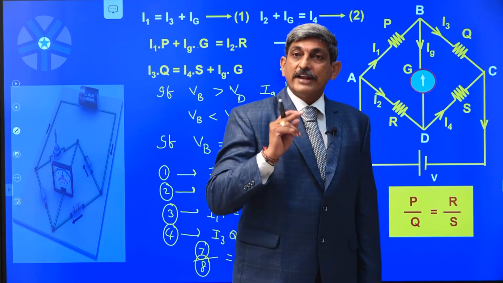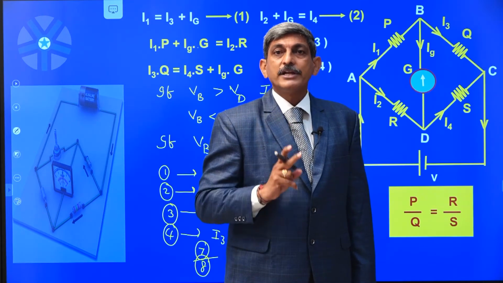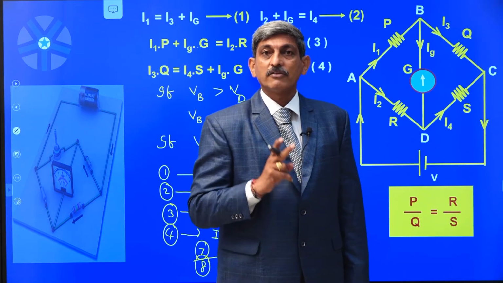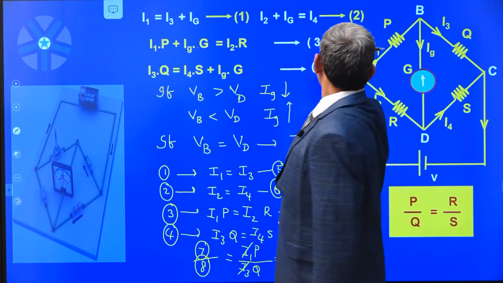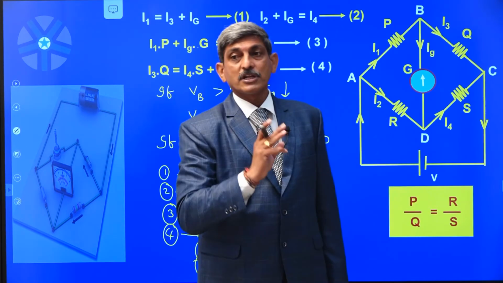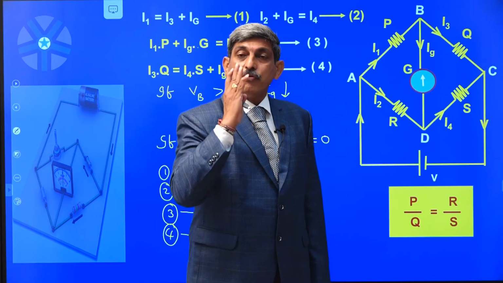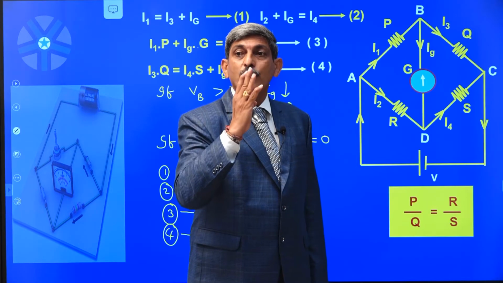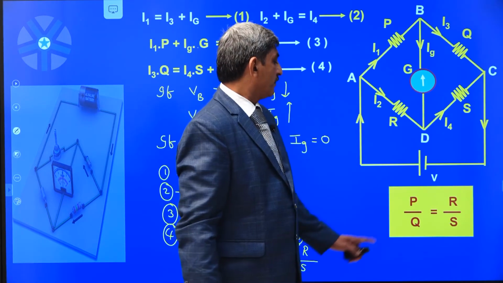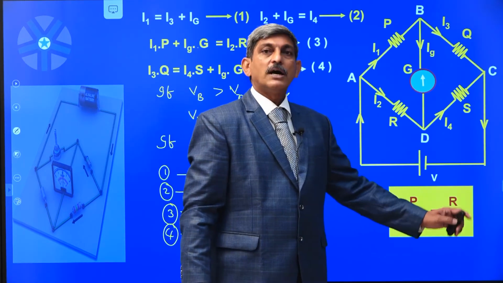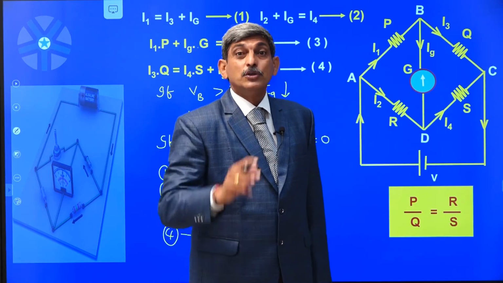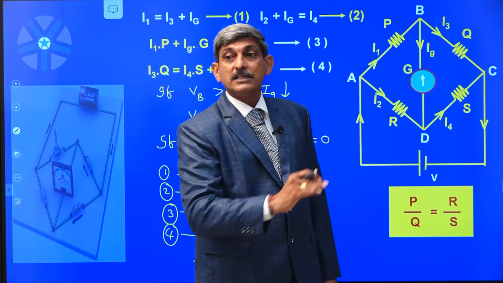So whenever the current passing through the galvanometer is equal to 0, or whenever the two ends of the galvanometer are at same potential, then we can write down a relation between the four resistors used in the four arms of the Wheatstone bridge as P by Q is equal to R by S. See, don't remember this equation.